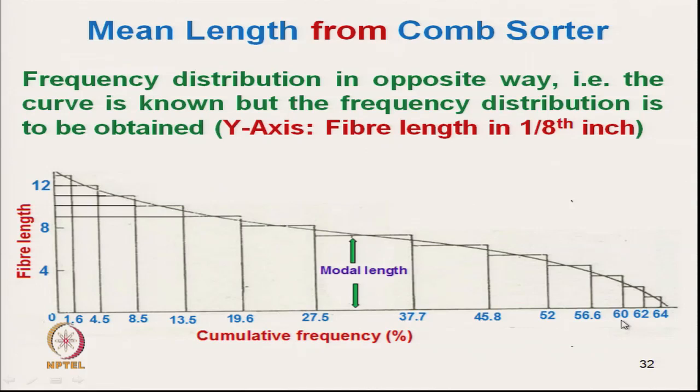From this Schotter diagram we can also calculate the mean length. Now, we must understand how to calculate the mean length. It goes in the opposite way to that of the frequency distribution curve. Here, first we know the curve, then we try to frame the frequency distribution.